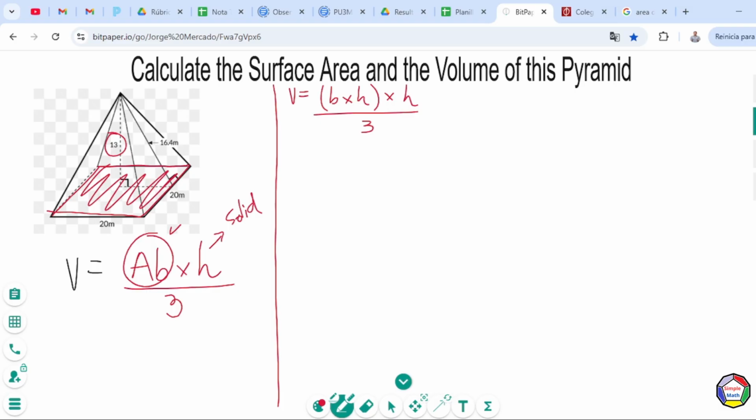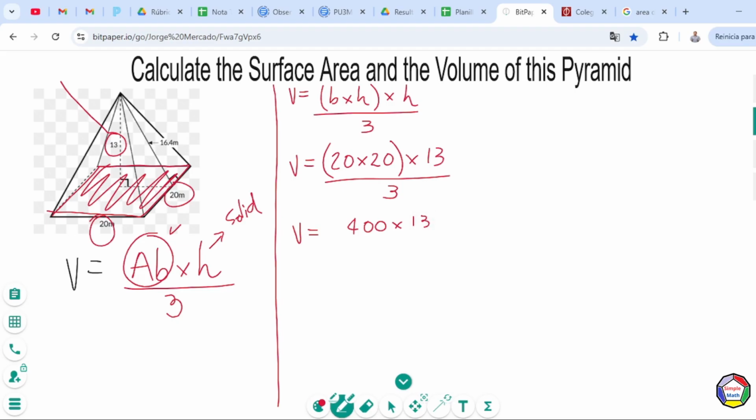So the volume is equal to base times height: 20 times 20 times the height. What is the height of the pyramid? This one, 13, and everything divided by 3. 20 times 20 is 400. So the volume is equal to 400 times 13, and everything divided by 3.